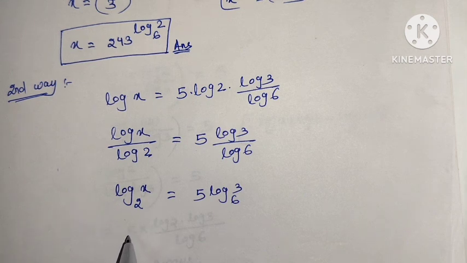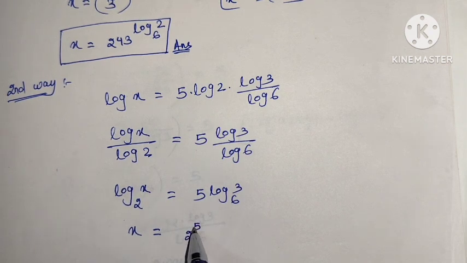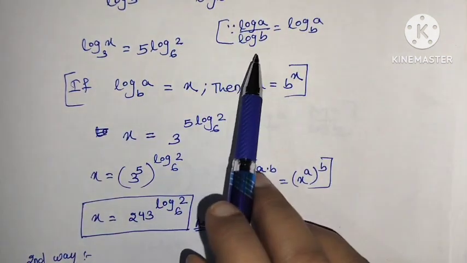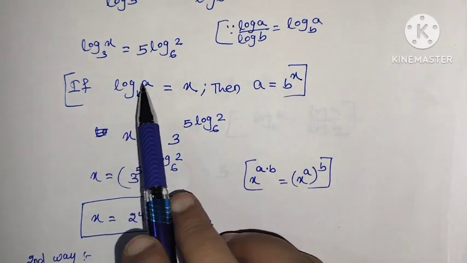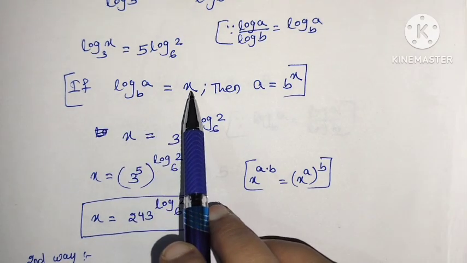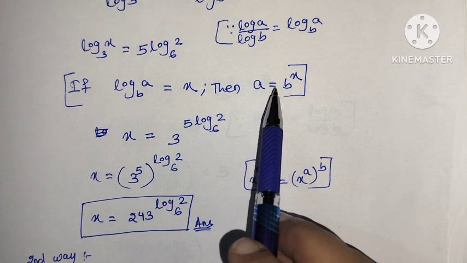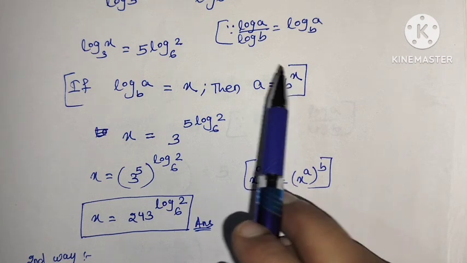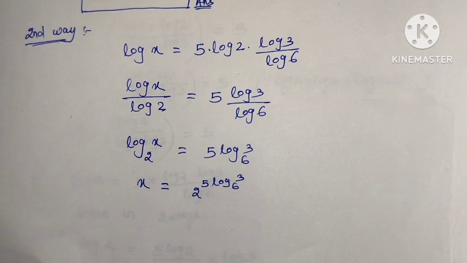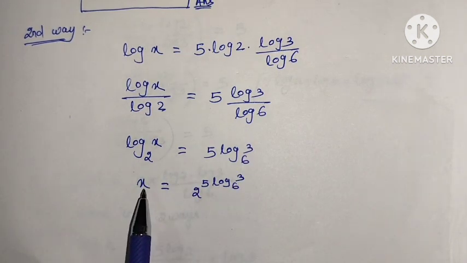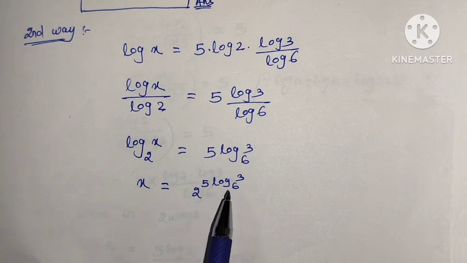Then x is equal to 2 to the power 5 log 3 base 6. Because we see that if log a base b is equal to x, then a is equal to b to the power x, we apply it here.